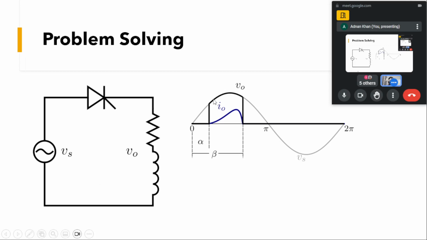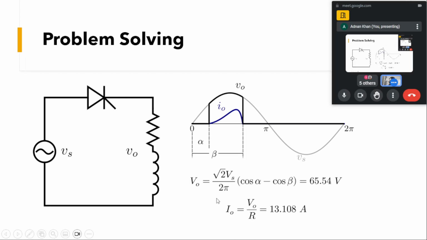Since the frequency for DC is 0, the impedance offered by the inductor is 0. So if we calculate this voltage and divide it by R, we get the output average current. The output voltage is given by the equation root 2 Vs by 2 pi times (cos alpha minus cos beta). Putting in the values of alpha and beta, we get an output voltage of around 65.54 volts.